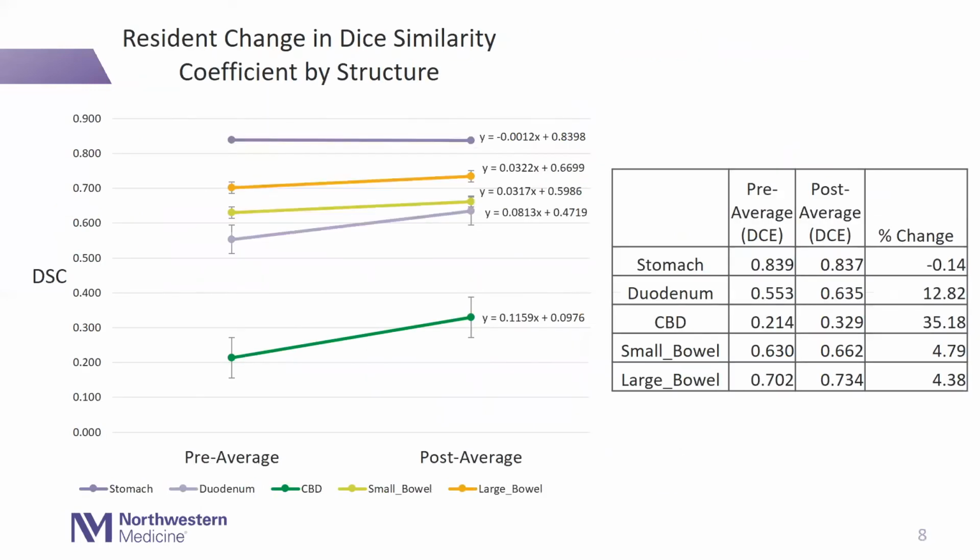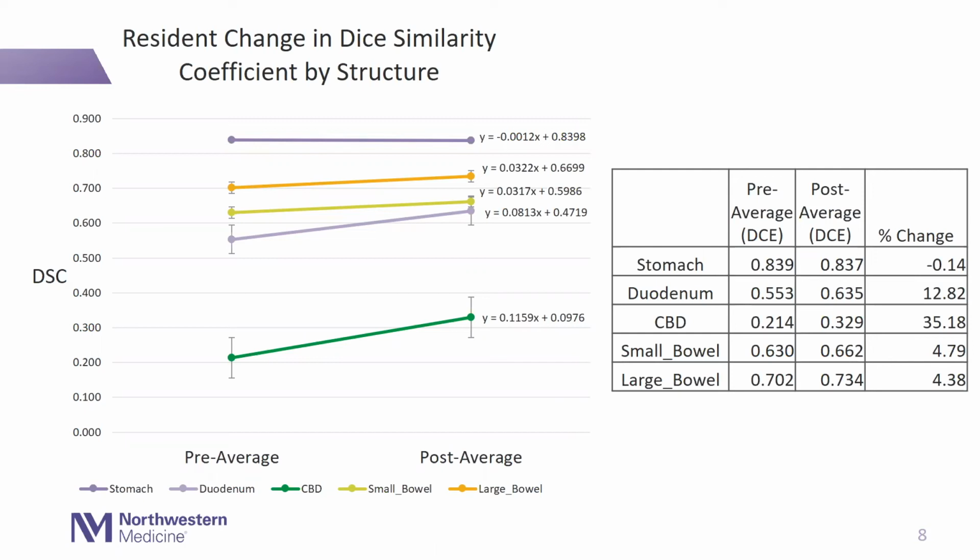The interesting thing for residents, though, is that there was some pretty good improvement. You can see on the graph here, similar comparison of DICE similarity coefficients to the gold standard for pre-education volumes on the left, and then post-education volumes on the right. Again, this was the stomach, duodenum, CBD, small bowel, and large bowel. You can see at the very top, the stomach looks really good to start with, and there really was no overall improvement from pre to post, which is fine.